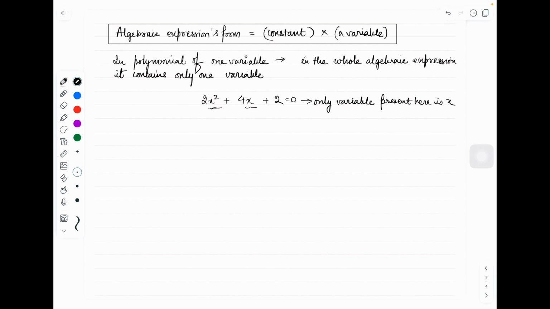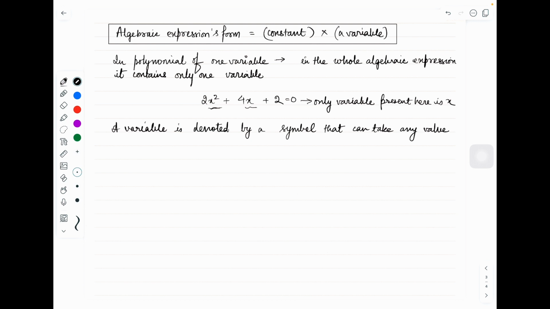So what is a variable first? See, a variable is denoted by a symbol that can take any value.